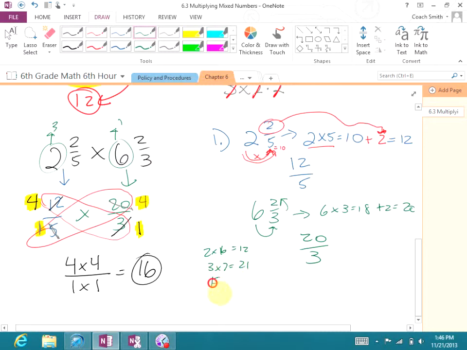So my estimate is that my answer needs to be between 12 and 21. Is 16 between 12 and 21? Okay, then that is a logical answer. Doesn't mean it's necessarily right. It just means it fits with that problem. Okay? Lily, what was your question?